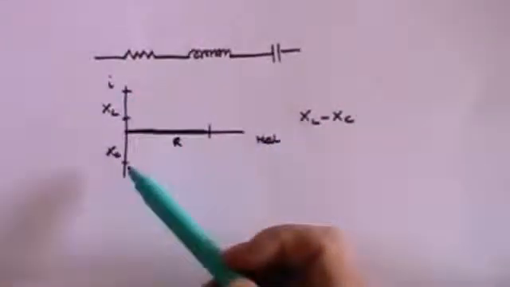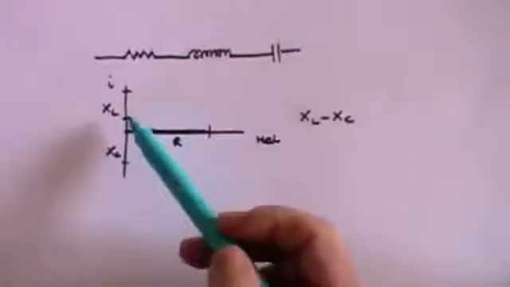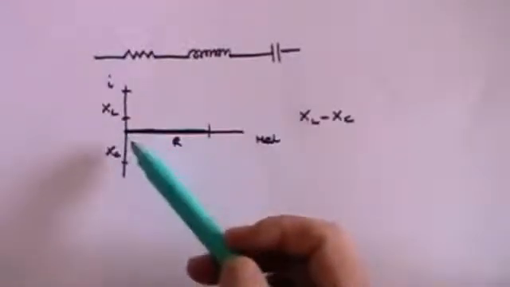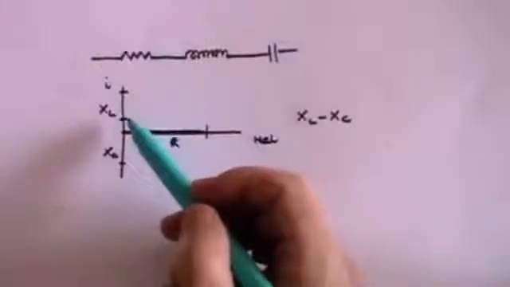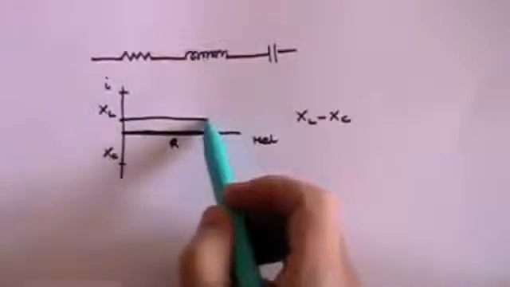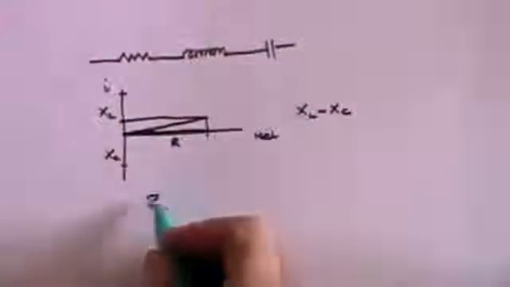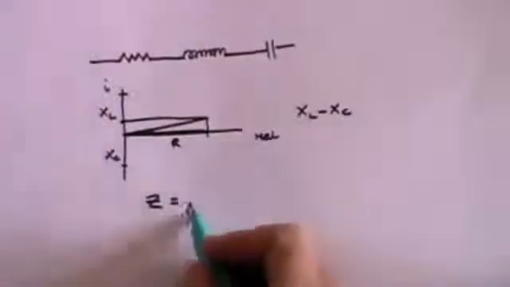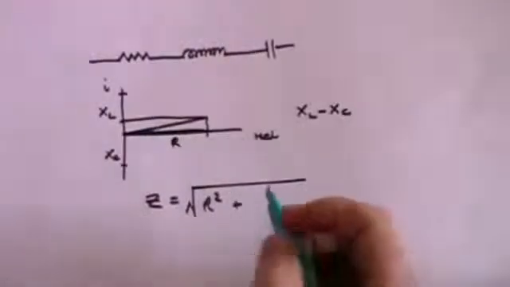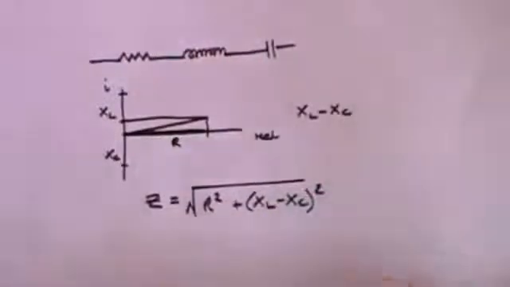It will depend which is the larger. Obviously, if XL is greater than XC, then there will be a small surplus in this direction. If XC is greater than XL, there will be a small net effect in this direction. But it's the net effect of XL minus XC that you construct, and then the total value of Z will equal the square root of R squared plus the net reactance squared, which is simply XL minus XC, all squared.